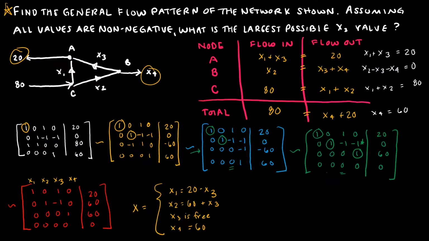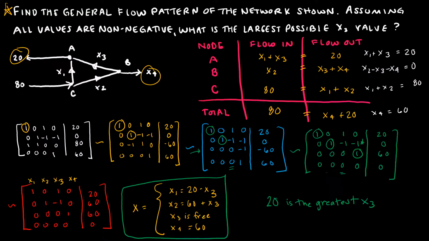That was important because now the largest possible x3 value is 20, because 20 minus 20 would be 0, and anything greater than 20 would make x1 negative. So 20 is the greatest x3. And now that's answered both parts of our question. Notice I didn't write this in parametric form, and that's okay. This is just the general solution, and this is answering the second part of that question.